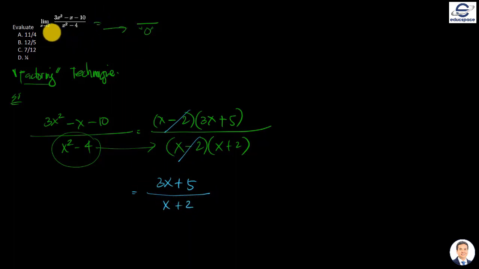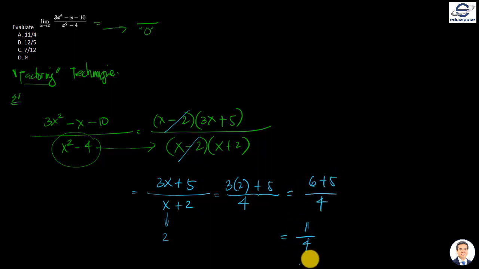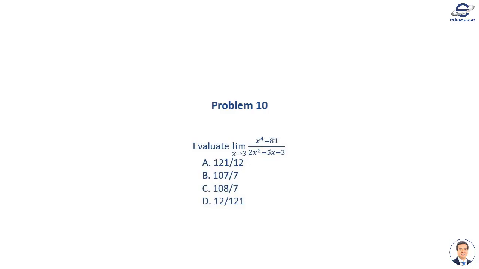Now we can check and evaluate. If x is equivalent to 2, then our denominator is 2 plus 2, which is equivalent to 4. And in the numerator, if we plug in the value of x, we have 6 plus 5 over 4, and therefore we have 11 over 4. That is letter A.